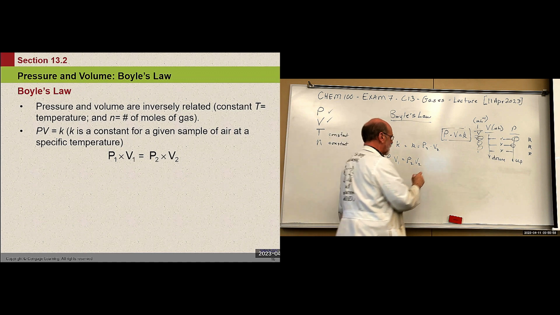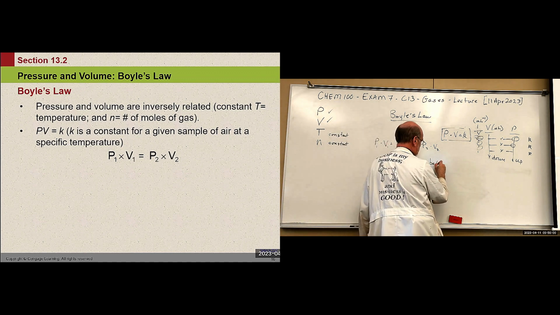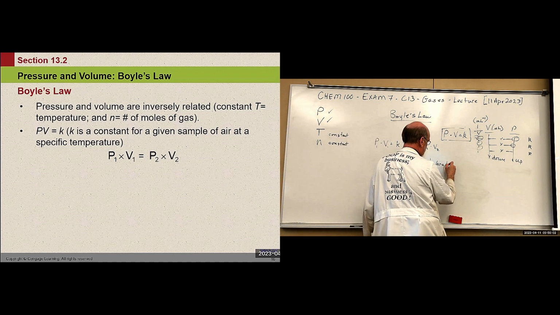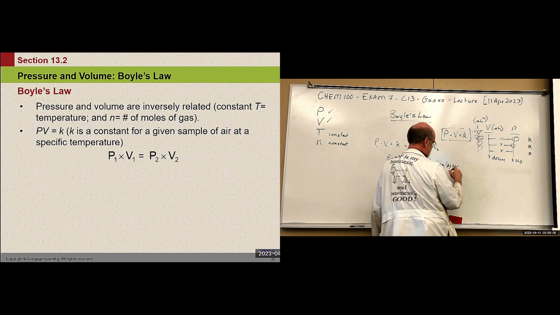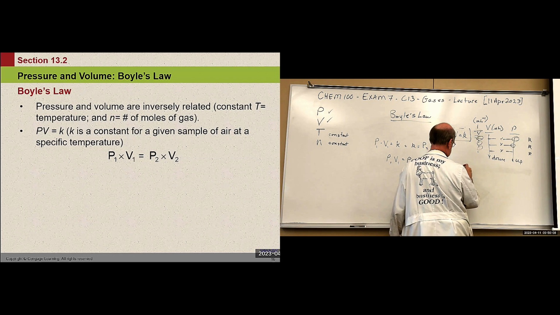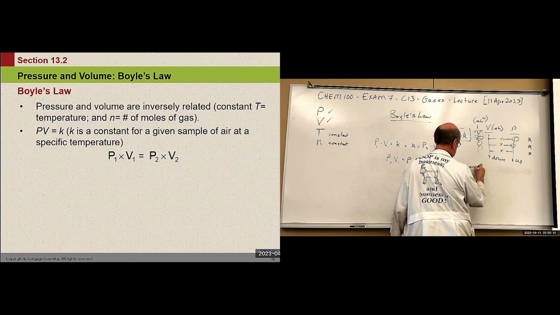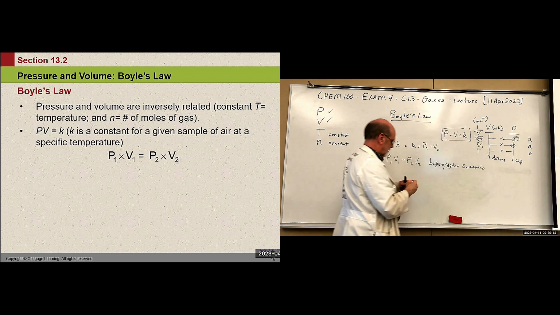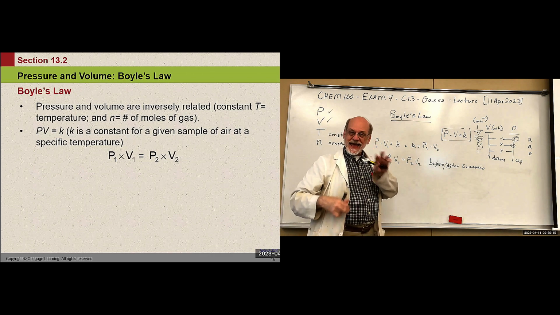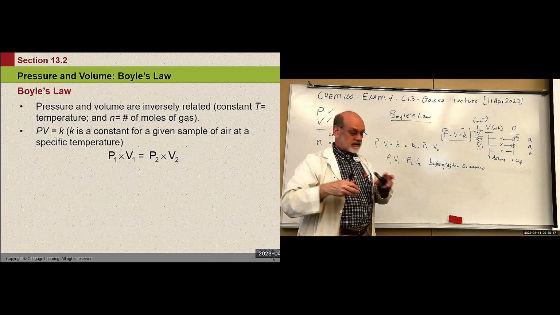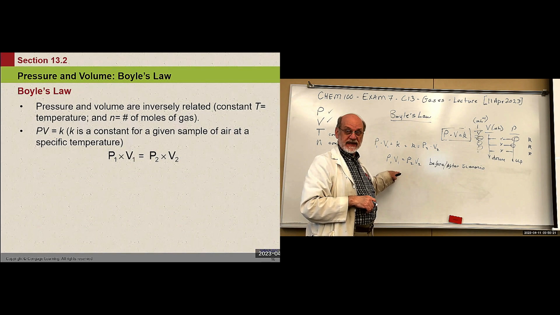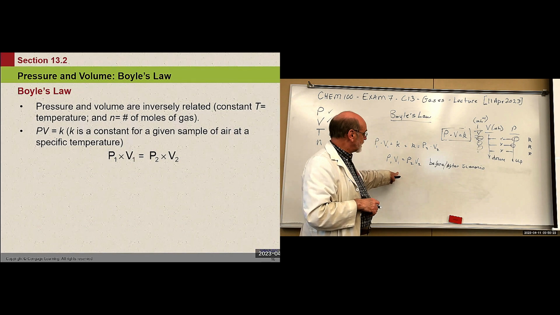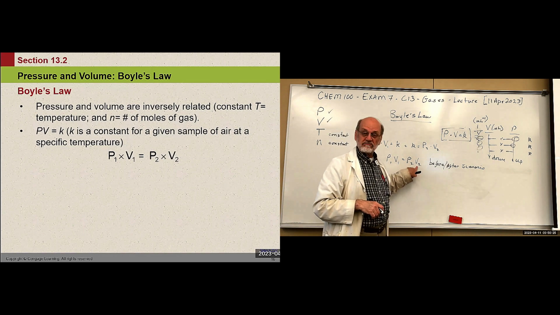And this is what I call a before and after scenario. So if we have a gas that's in a container, we measure the pressure and its volume at the beginning, and then we change the volume.